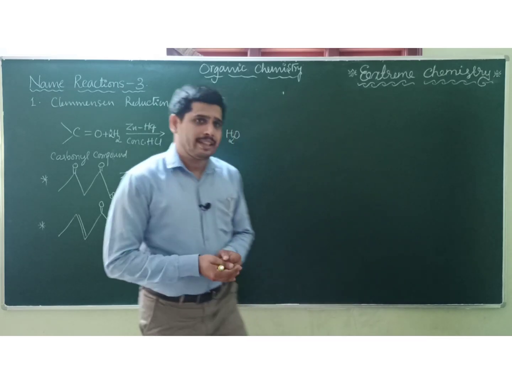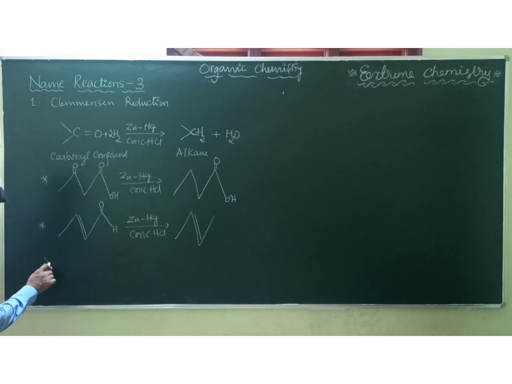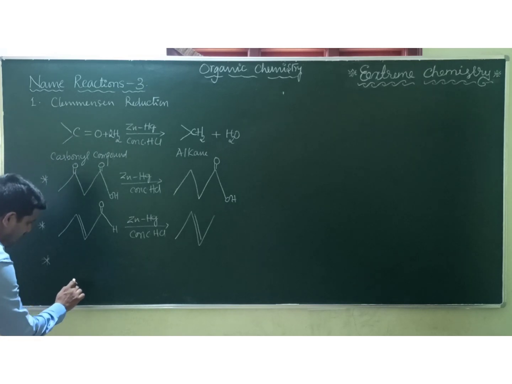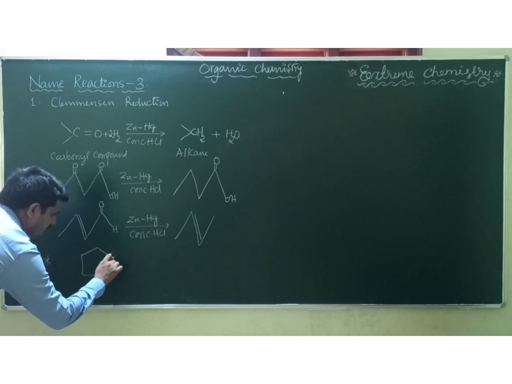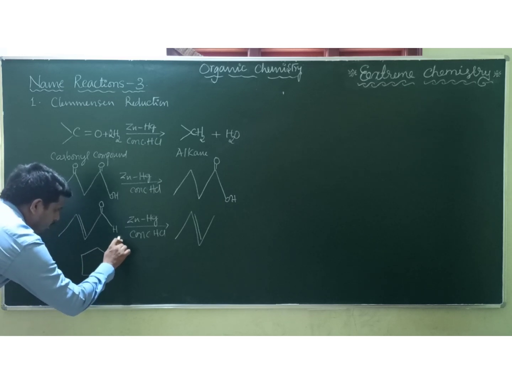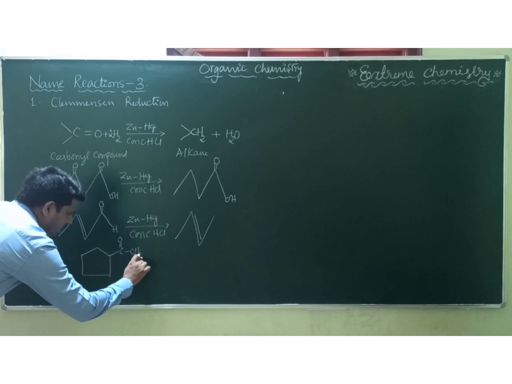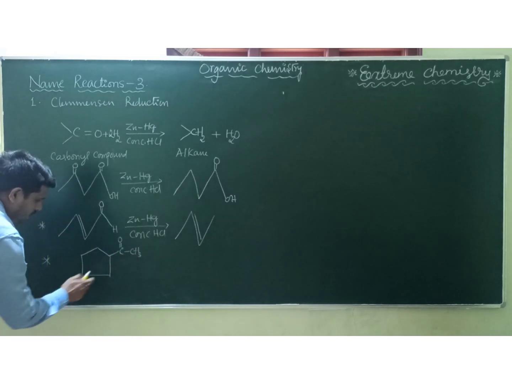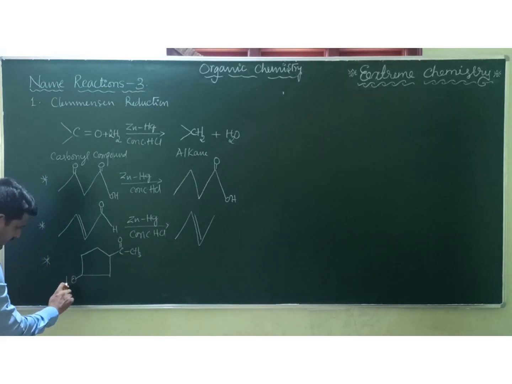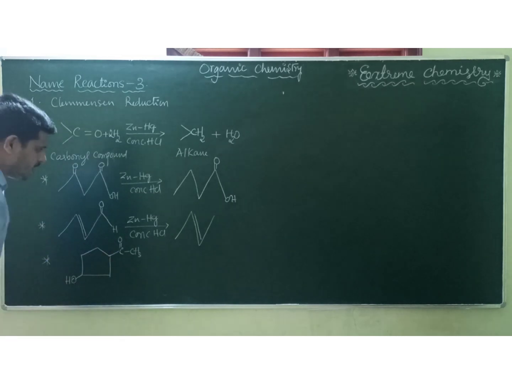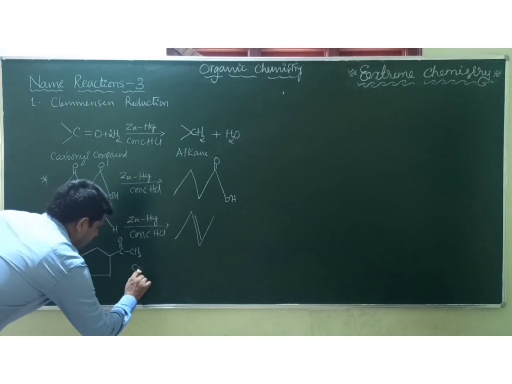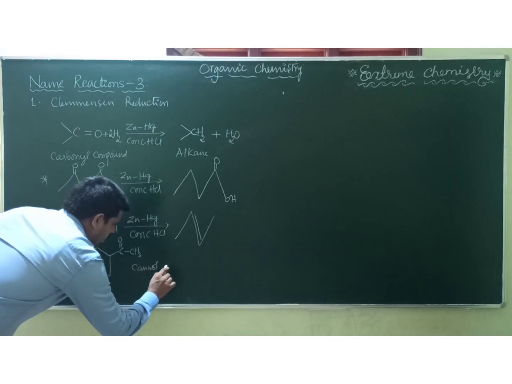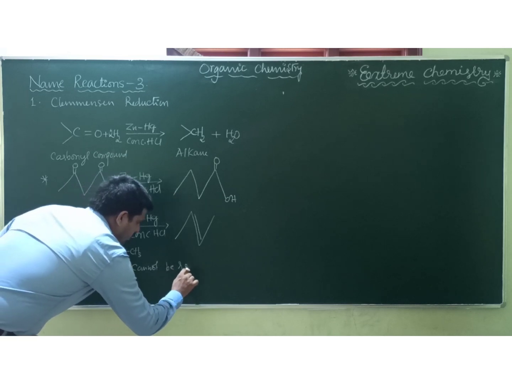So let us understand that with one more example. I'll take the example of a cyclic ketone, dear students. Here I have C double bond O with CH3. Now it's a ketone along with an acid sensitive group. Let me substitute OH. This type of example is very important. It cannot be reduced.